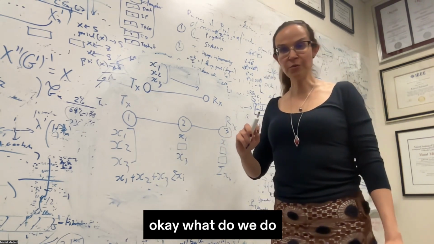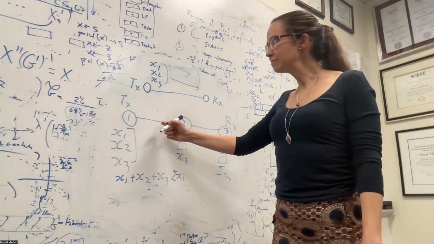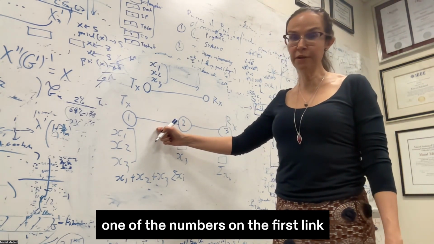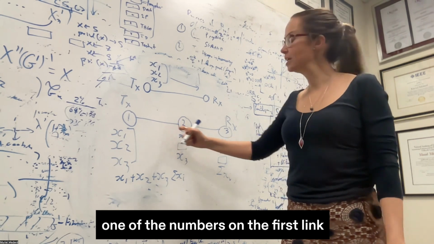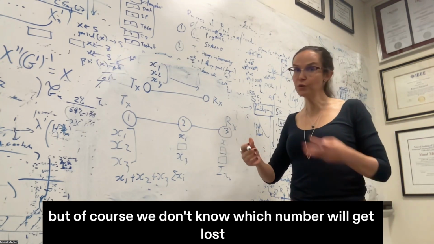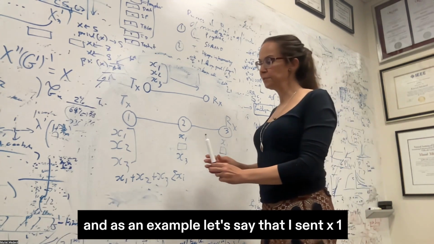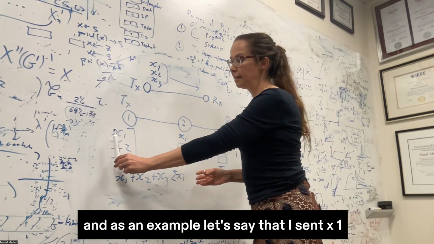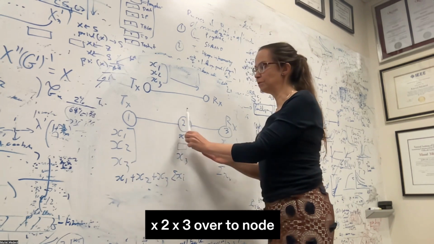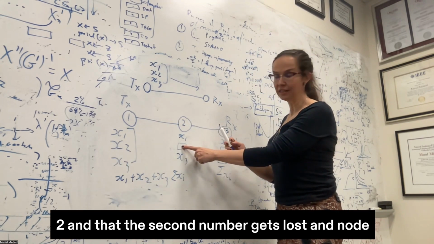Okay, what do we do? Well, assume for the time being that I end up losing one of the numbers on the first link and also one of the numbers on the second link. But of course, we don't know which number will get lost. As an example, let's say that I send x1, x2, x3 over to node 2, and that the second number gets lost.